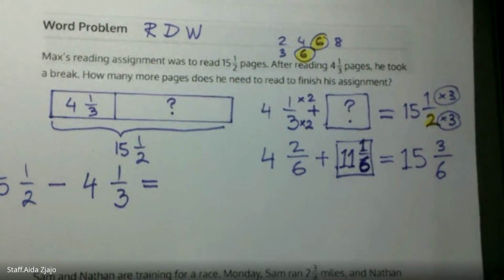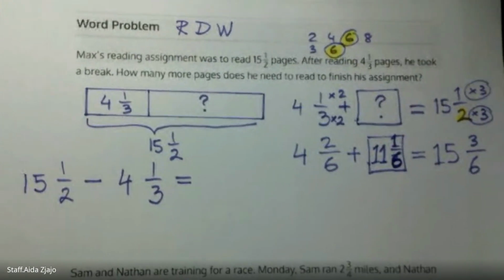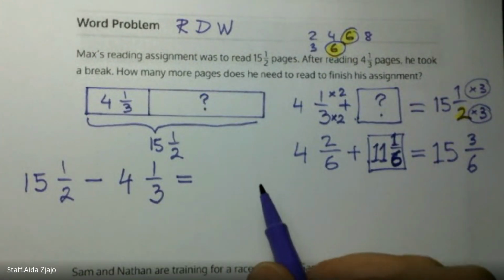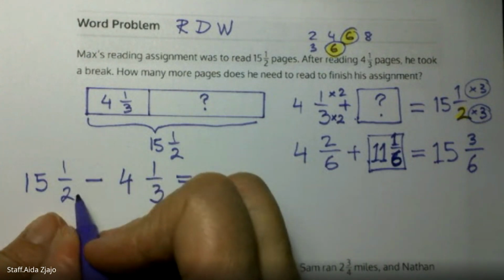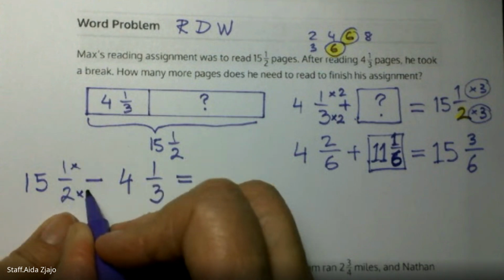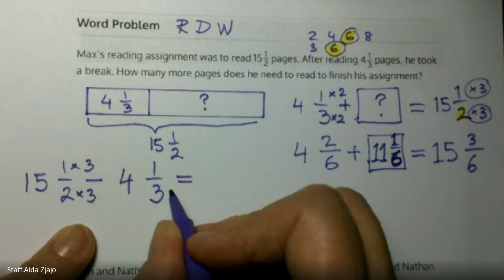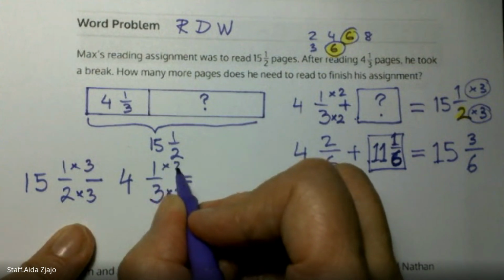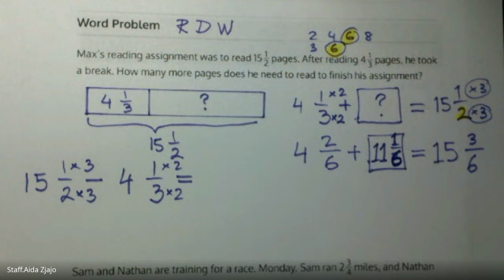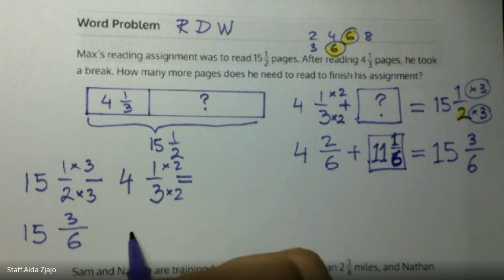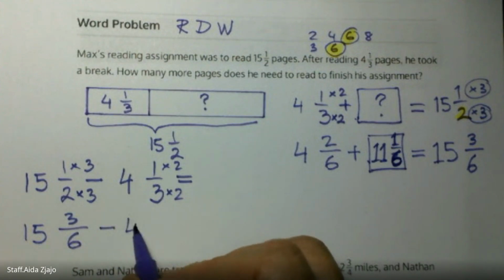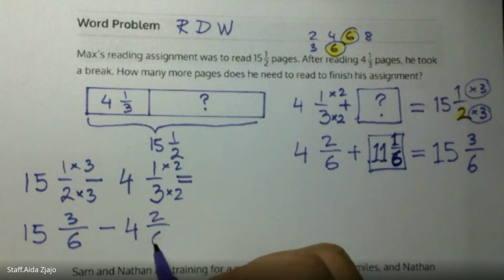Another way is to subtract. To prove our answer, we can do subtraction. It's the same way. We have to make the pieces the same size. So 2 times 3 and 3 times 2, I will have sixths. So I will have 15 and 3/6 minus 4 and 2/6.